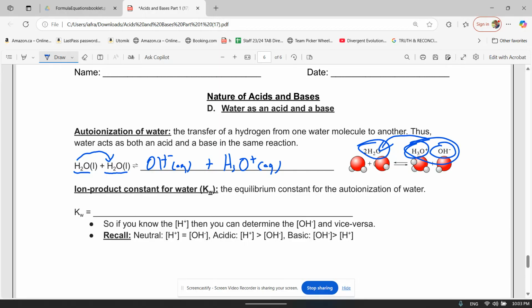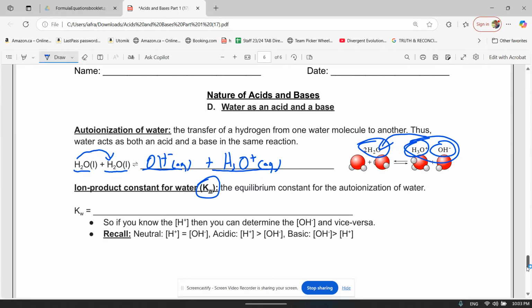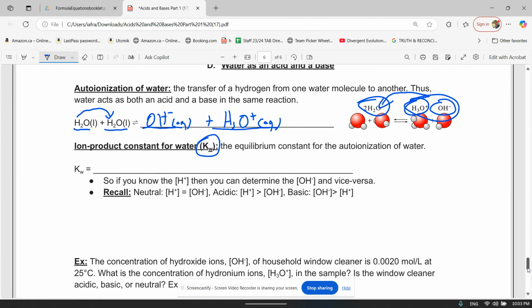So because this is an equilibrium, anytime there's an equilibrium, you can have a K value. And so the K value for water is called the Kw, and it's called the ion product constant for water. To calculate it, you just make up the expression.